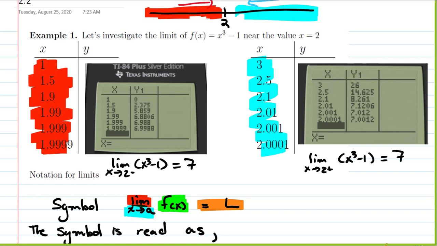It was also equal to 7. So the left limit was the same as the right limit. So then together, what does that tell us? That the two-sided limit existed and is equal to the same thing. So that's what our definition says.